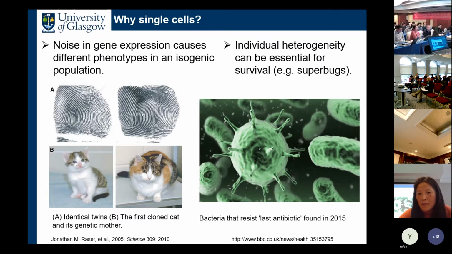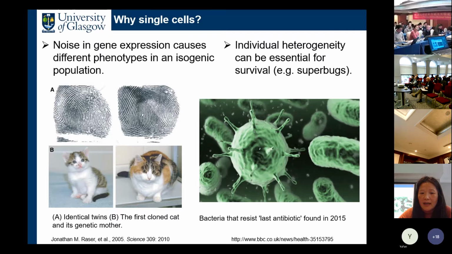One example is the superbug, a small number of cells that survived intensive antibiotic treatment. Everyone knows antibiotic resistance has become a serious health challenge globally.